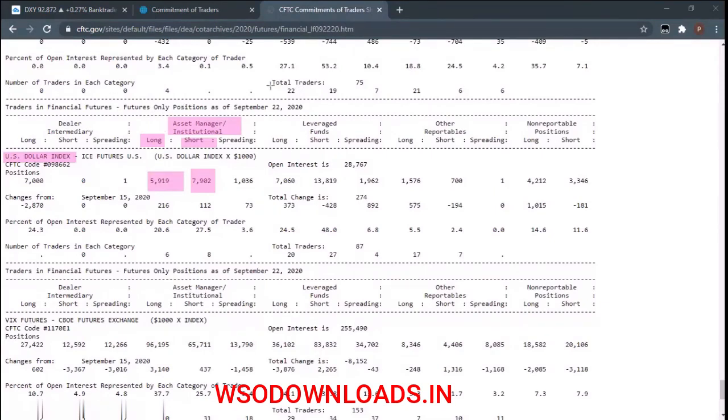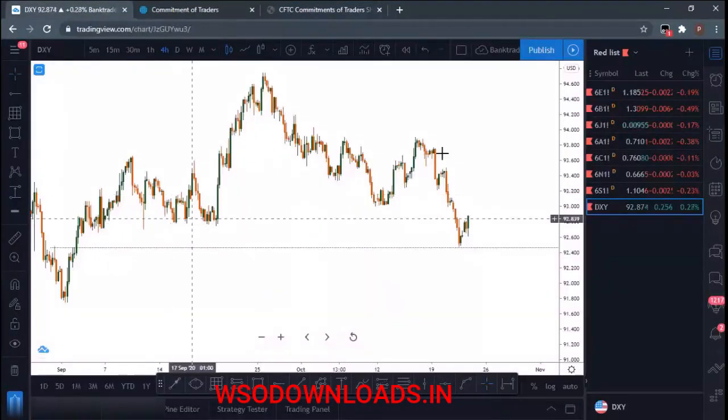Okay, so what does that mean when it comes to that question that you ask? Can I take a counter trend trade? Yes. Now you can take a counter trend trade because you know that the dollar is strong.